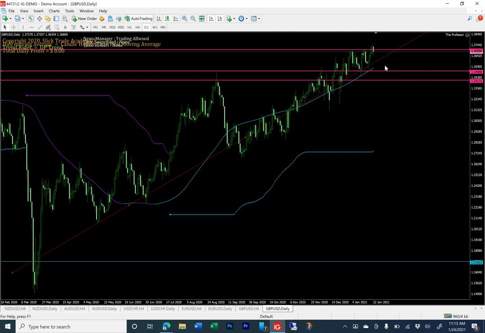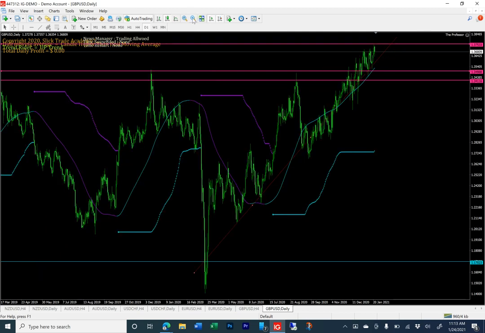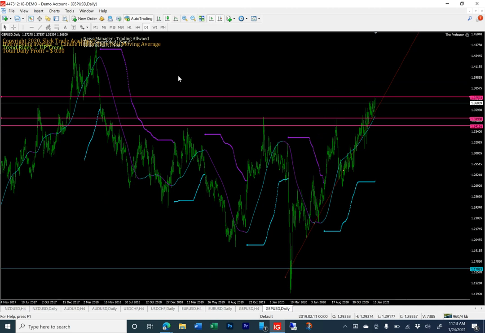As far as new key levels, we haven't been up this high in a bit. The last time we were even at this level was here, and that was 4/27 of 2018.